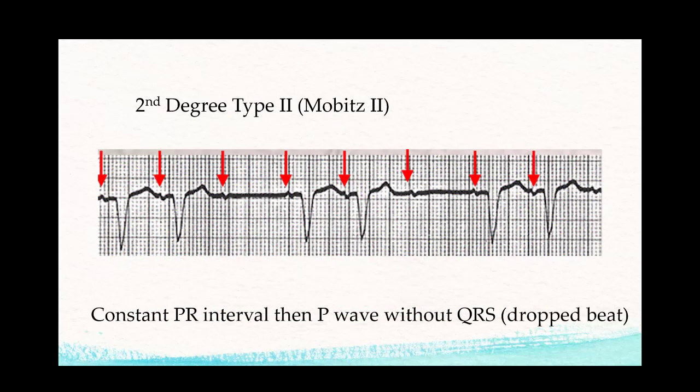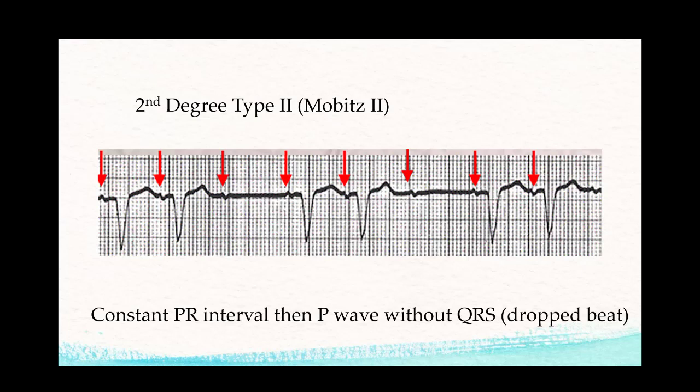Second degree type 2. With this second degree type 2, we have the arrows pointing at the P wave. Okay, so with this, our PR interval is constant. It's the same on all the beats that have a QRS, but we're just randomly dropping QRSs.